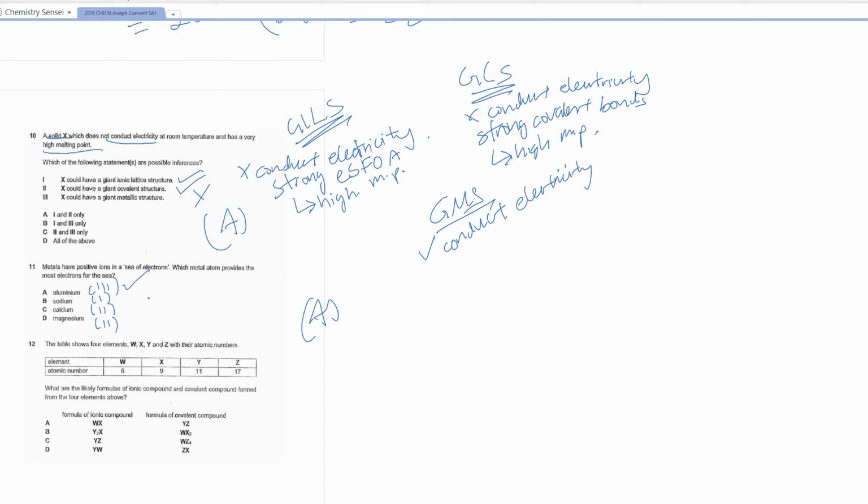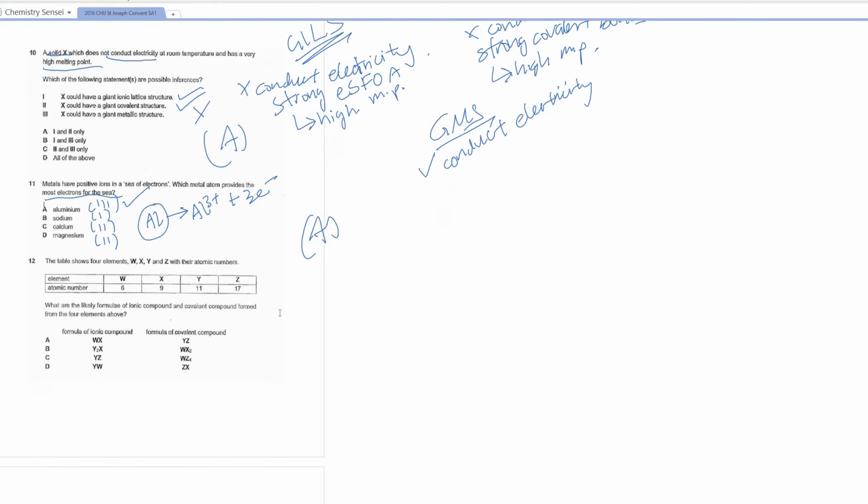So aluminium is able to offload 3 electrons per aluminium atom, and because of that it has the most electrons for its sea of delocalised electrons.